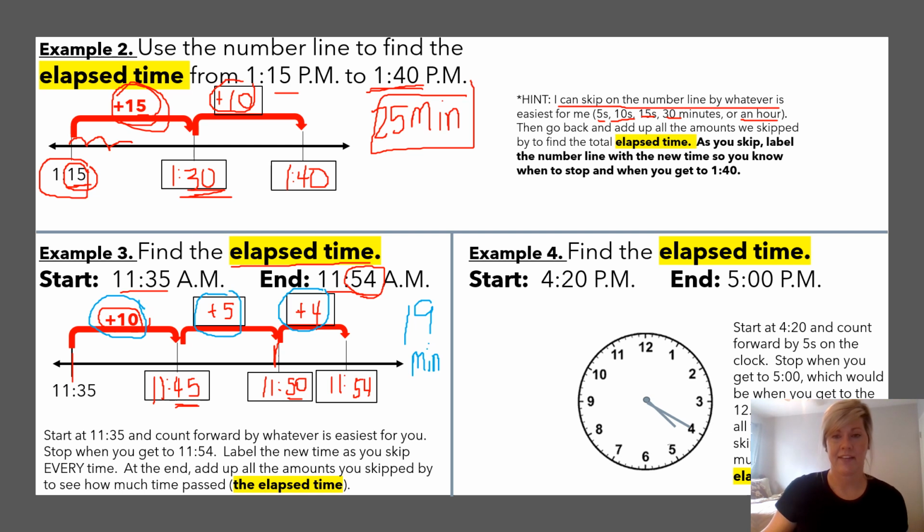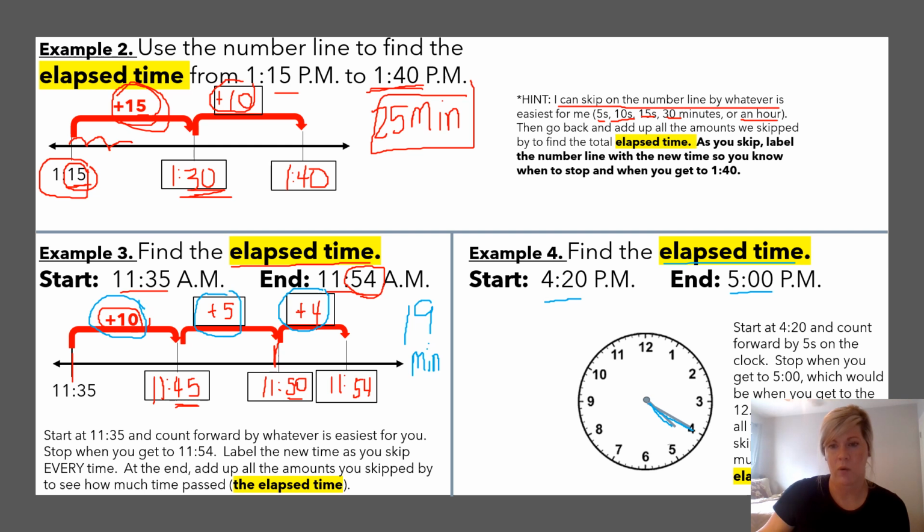Okay? Now the last one is doing it on a clock. The problem gives you the clock, so you can use that to help you find the elapsed time. So starting time is 4:20, the end time is 5 o'clock, and we want to figure out how much time is between those two. The clock is already showing my start time, 4:20.